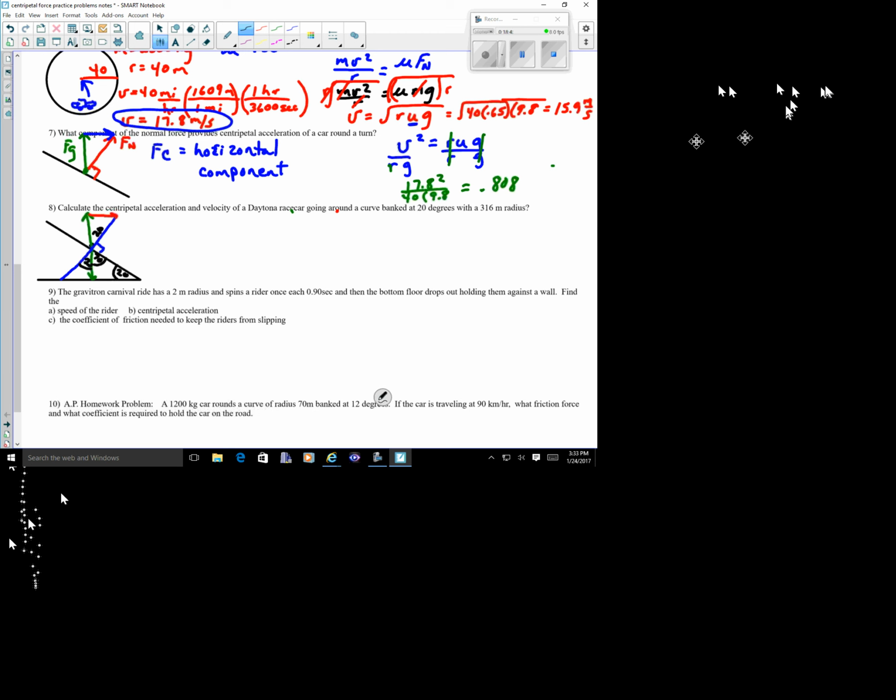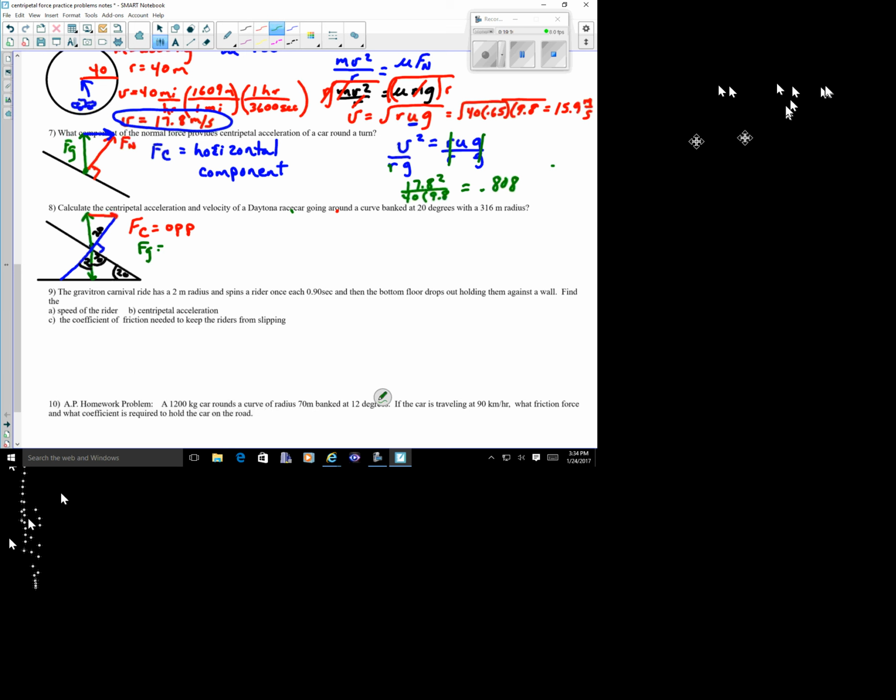If I want to know the centripetal force, I know two different sides here. The centripetal force is going to be the opposite side. See that red side? Well, I know the green side because the green side is gravity. Force of gravity is the green side.